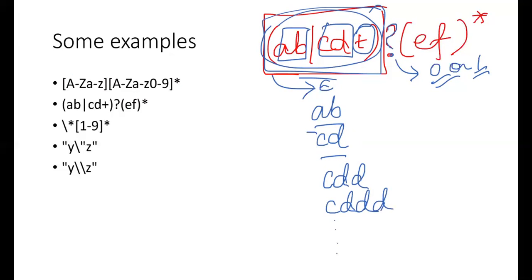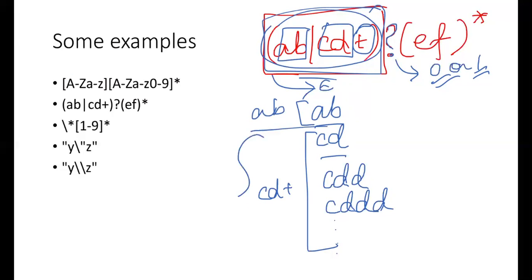You can see this is coming from CD plus and this is coming from your E. So either this or this. And again the whole thing will be repeated 0 times or 1 time.